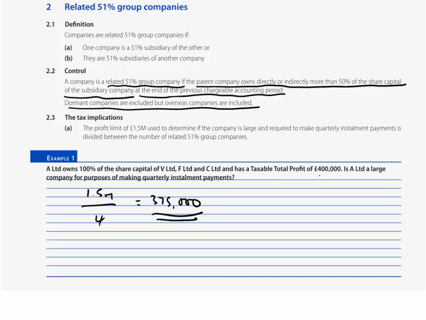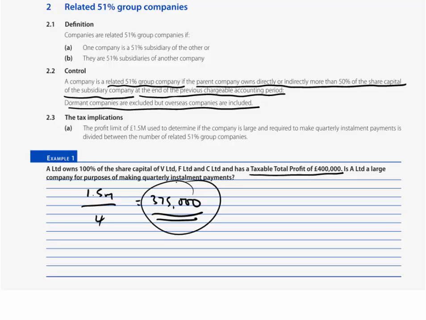The profits here, well, even the TTP is 400,000, so definitely the profit is at least 400,000. That is above 375,000. The company therefore may be required to make quarterly instalment payments. Now I have to say may, and if you read through the answer, you'll understand why.